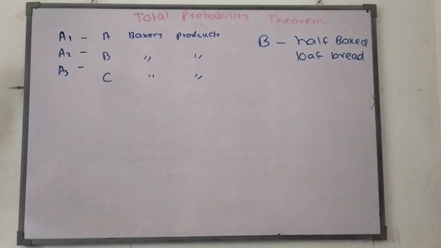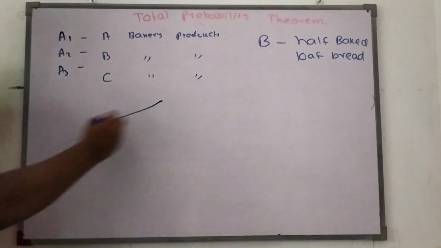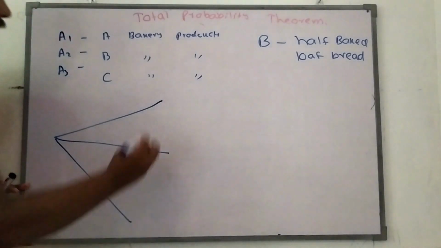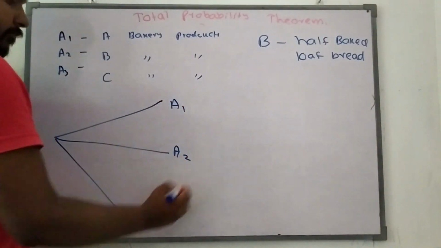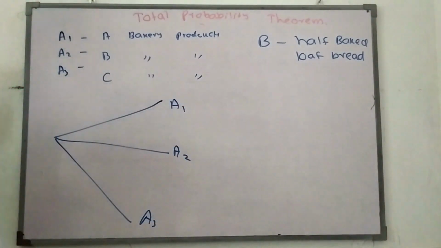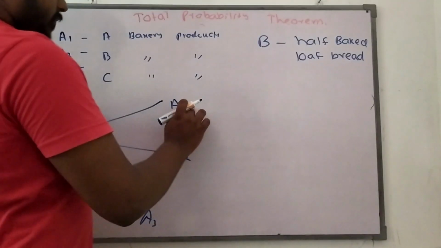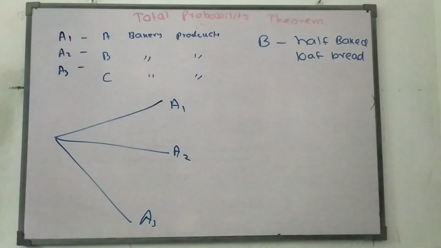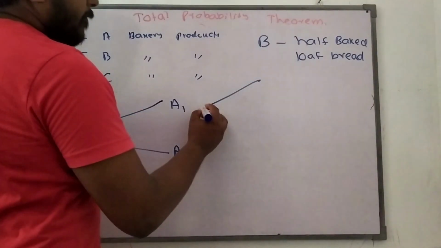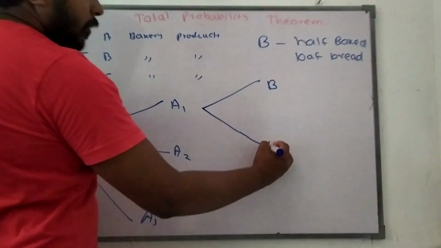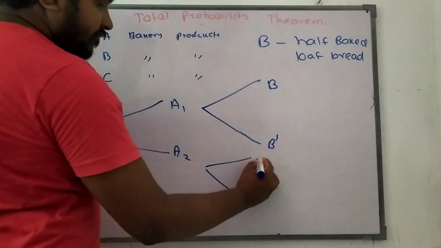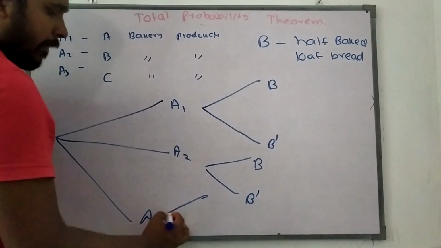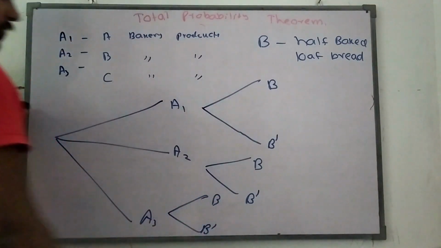The first thing is you just need to add all the productions. This is A1 production, A2 production, A3, and the other level is half baked or not half baked, right?